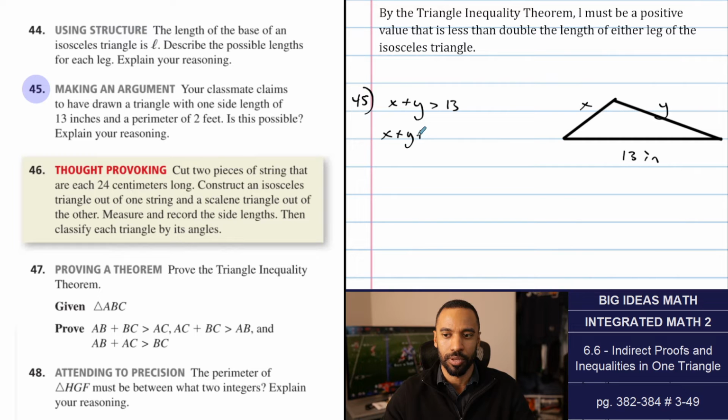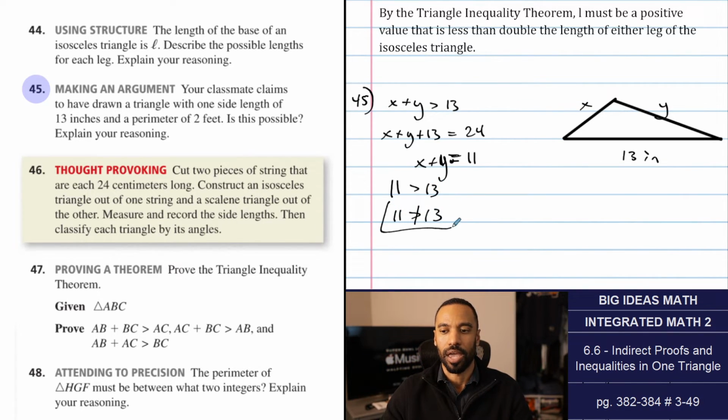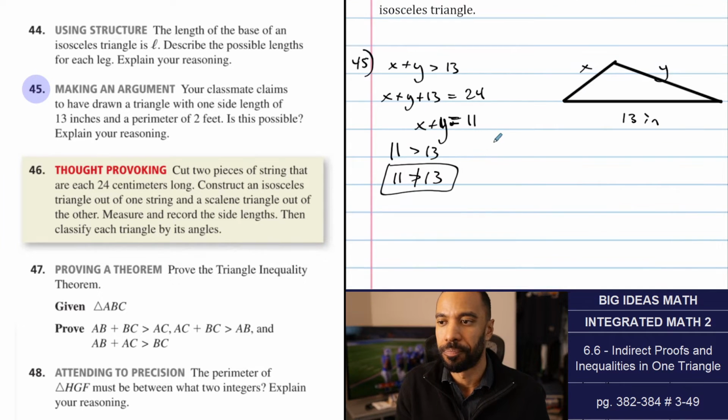X plus Y plus 13 equals 2 feet, which is 24 inches. So X plus Y would have to equal 11. 11 has to be greater than 13. 11 is not greater than 13. So no, it's not possible.